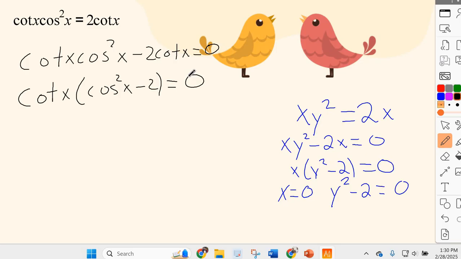Set them equal to 0. Cotangent is what over what? Cosine over sine. So which one of those is allowed to be 0? Cosine. So where does cosine equal 0?